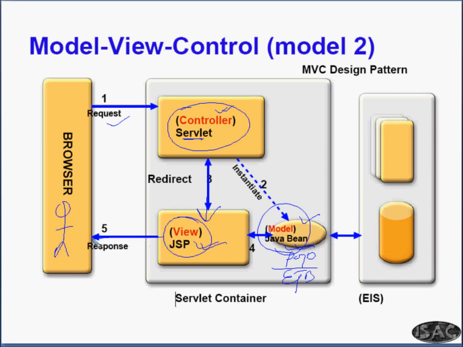So that response will come as a result to the browser. Here JSP is one technology, another is a servlet, another is Java beans, right? So servlet is my controller, JSP is my view, and Java bean is my model. And this is what MVC is, model view controller.